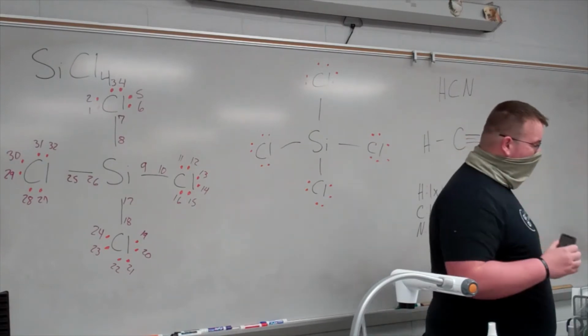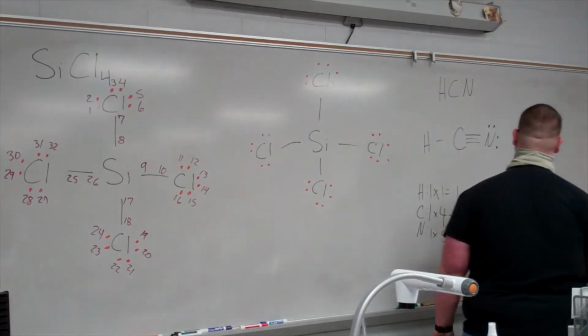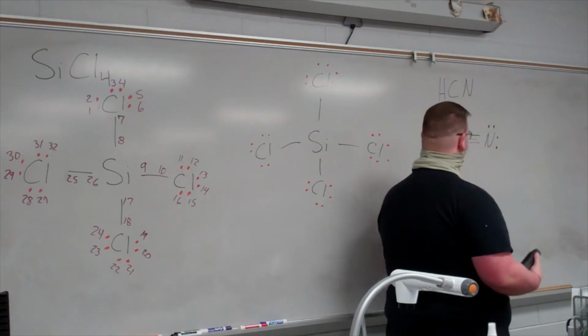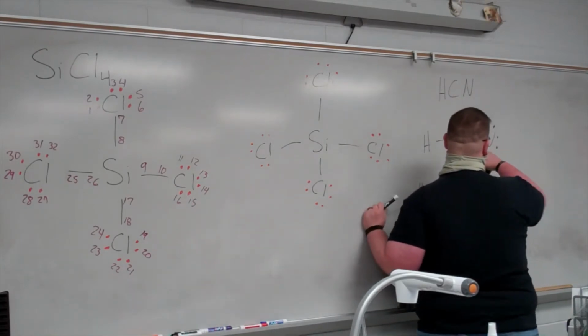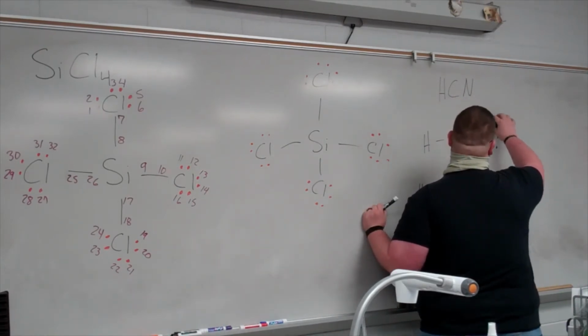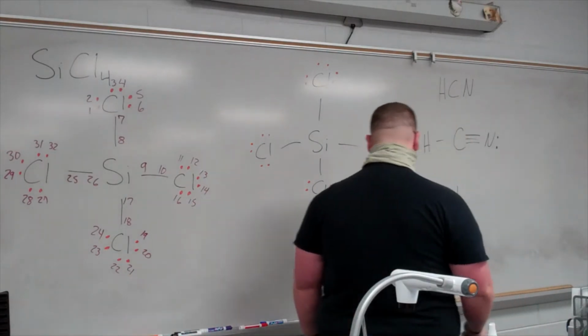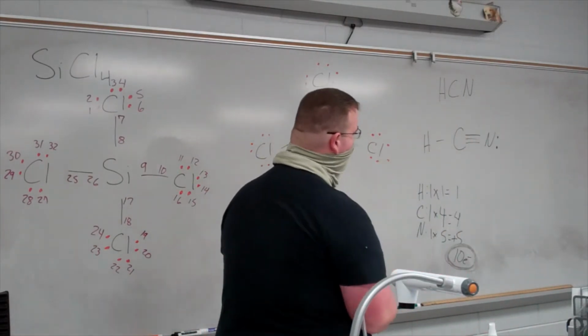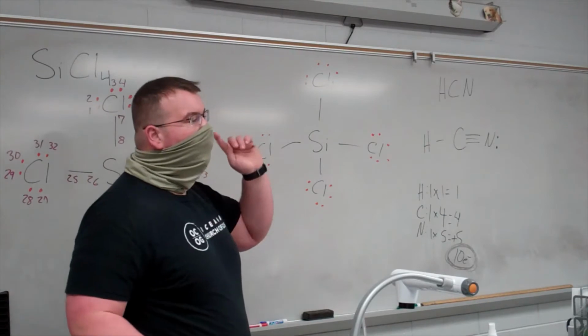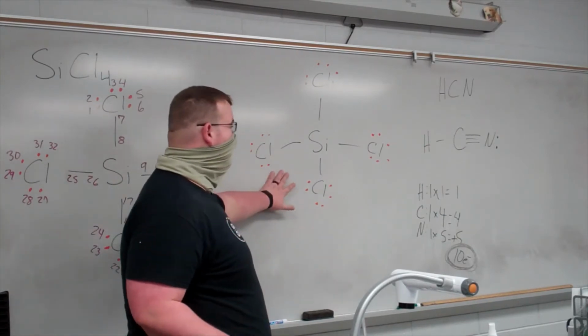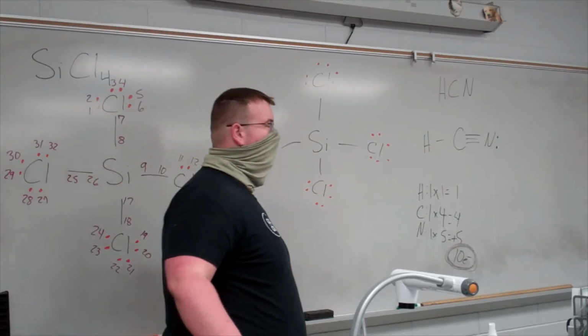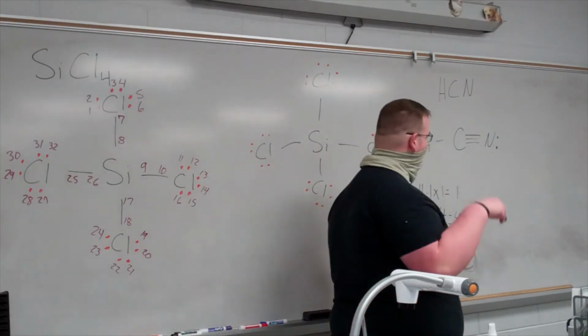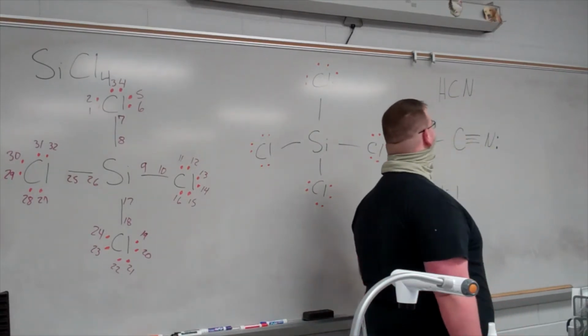Repel. So they're going to try and get as much distance away from each other as they can. So the most distance would be between these bonds and these two. So technically, I'll erase that right there. Now, we should have done this here, but I didn't because I knew there wasn't one. I'm doing this now for your benefit.